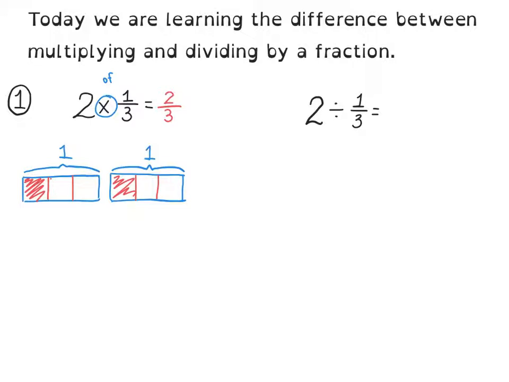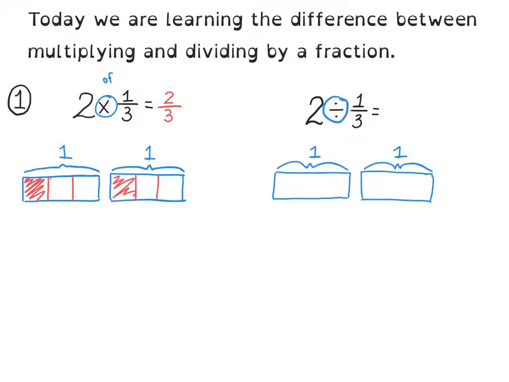We still have 2 wholes here, so we need to make our 2 wholes. So I have, here's 1 whole, and here's 1 whole. And now I'm dividing them, or cutting them into thirds.